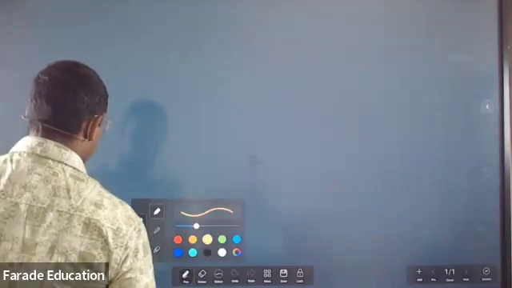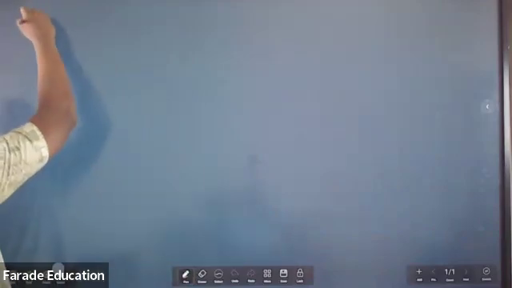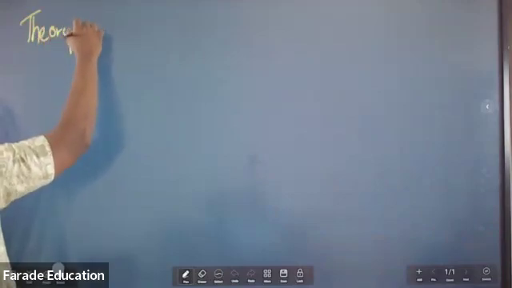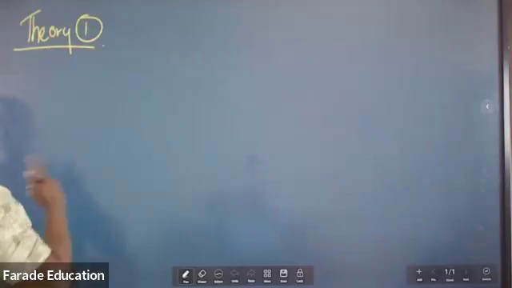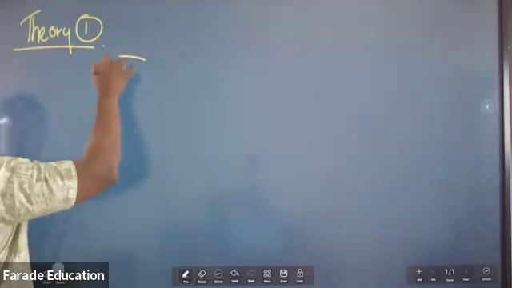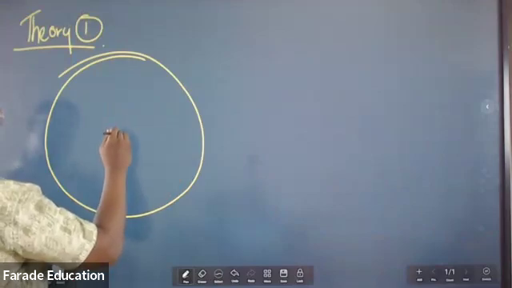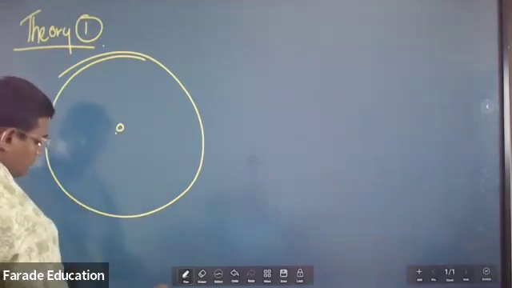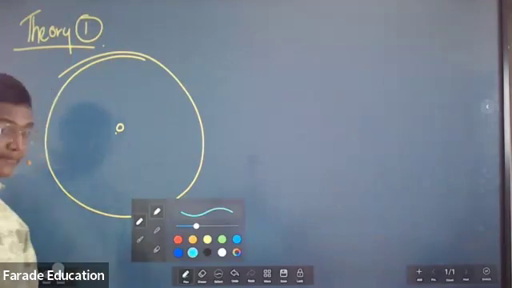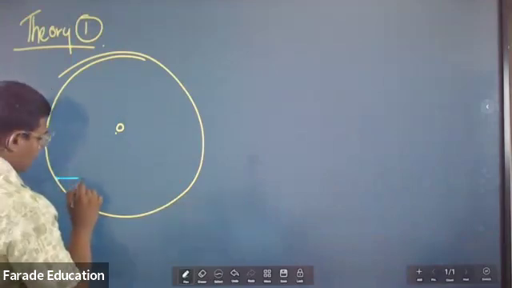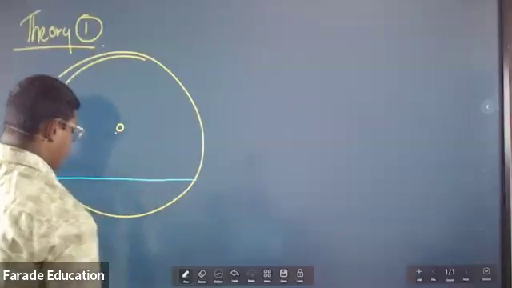Theory number 1. The first one: when we have a circle with center O, we draw a chord.